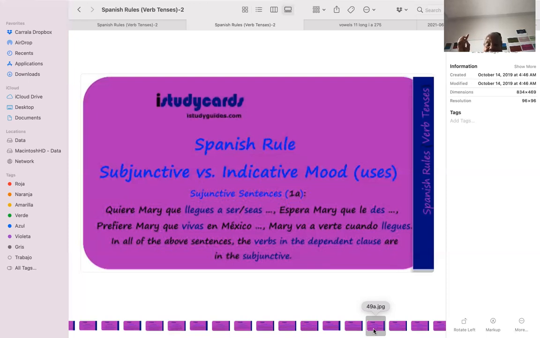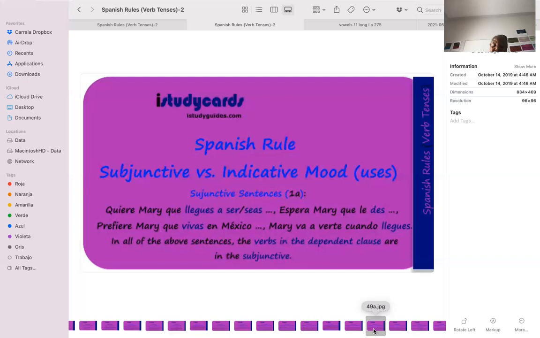Llegues and seas is the subjunctive for either the verb llegar a ser, which means to become, or seas, which is the subjunctive of the verb ser. So quiere María, or quiere Mary que llegues a ser, or quiere Mary que seas.